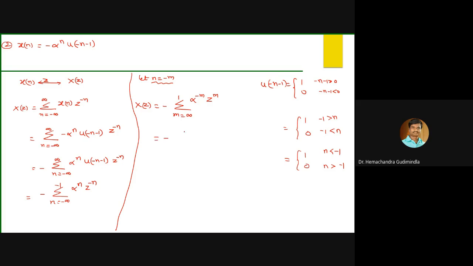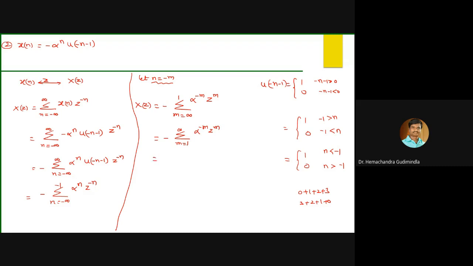Now minus summation m equal to infinity to 1 or 1 to infinity, both are same because it's addition. Already I told you 0 plus 1 plus 2 plus 3 is same as 3 plus 2 plus 1 plus 0. Both are same, right? So this is a summation, if you interchange the limits, no problem. So minus of m equal to 1 to infinity, you will get alpha power minus m into z power m.